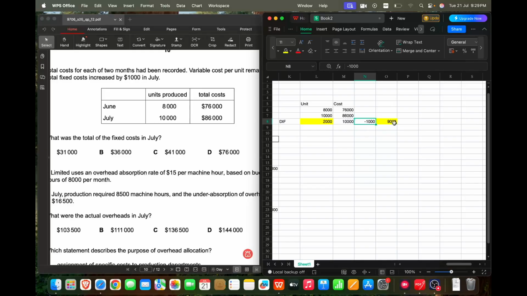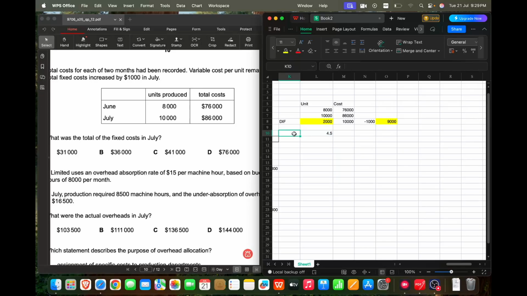The reason that I'm doing this is to find out the variable cost of one unit, because it says variable cost does not change whether I produce 8,000 units or 10,000 units. So right now to produce 2,000 units, the variable cost we are paying is 9,000. So to produce one unit, the variable cost that I am paying is 9,000 divided by 2,000.